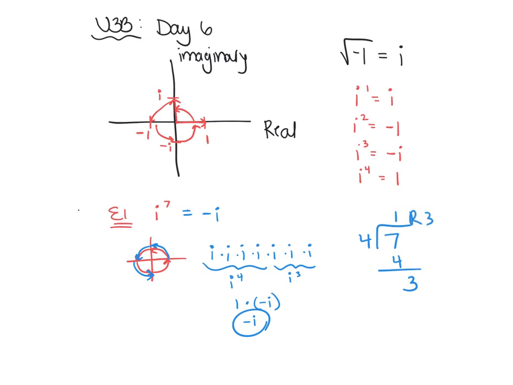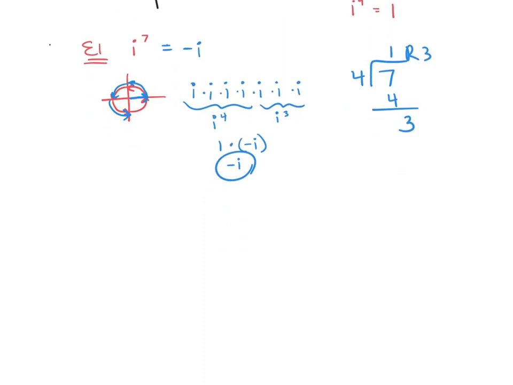So what that's telling you, if you were to rotate that starting number, that starting vector 7 times, you're going to have 1 full rotation, and you're left over with 3 90-degree rotations. So where are you left over when you're looking at 3 90-degree rotations? At -i. So this approach is going to be a little bit easier when you're dealing with some larger exponents.